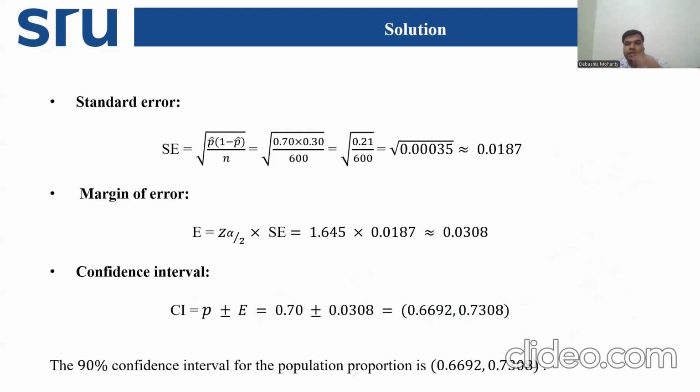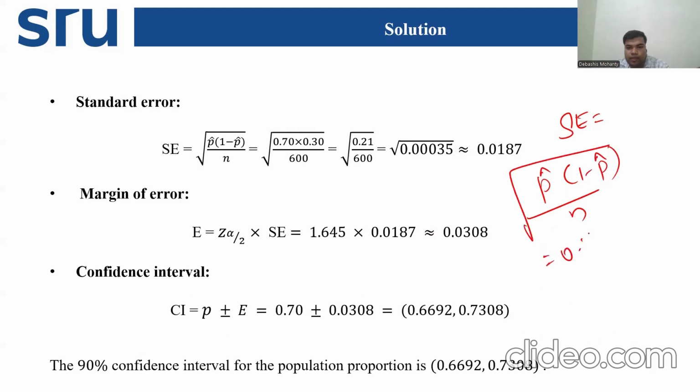Next, we will apply the formula to find out the standard error. So what is the formula to find out the standard error? Standard error equals the square root of P cap multiplied by 1 minus P cap, divided by n. That is 0.70 multiplied by 0.30 divided by 600 square root.